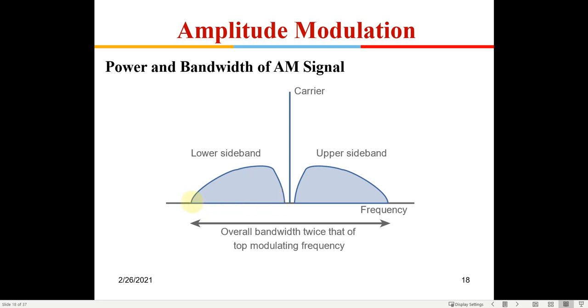So the maximum is 4 kilohertz. This is the carrier frequency, and this will be carrier frequency minus 4 kilohertz and carrier frequency plus 4 kilohertz, but there will be lower components also, all available here. However, the total bandwidth remains the same. To compute the total bandwidth, you have to write 2 FM, where FM means the maximum modulating frequency available.